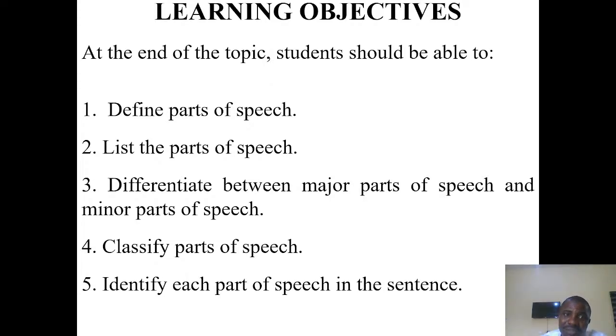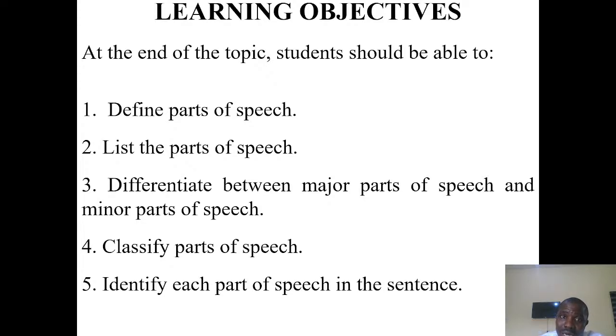For instance, if we are talking about nouns, what are the types of nouns? Why are they different? What are the types of verbs? What are the types of adjectives? That is classification. And number five, identify each part of speech in a sentence. Take note of this one, because even in the exam, it does come.